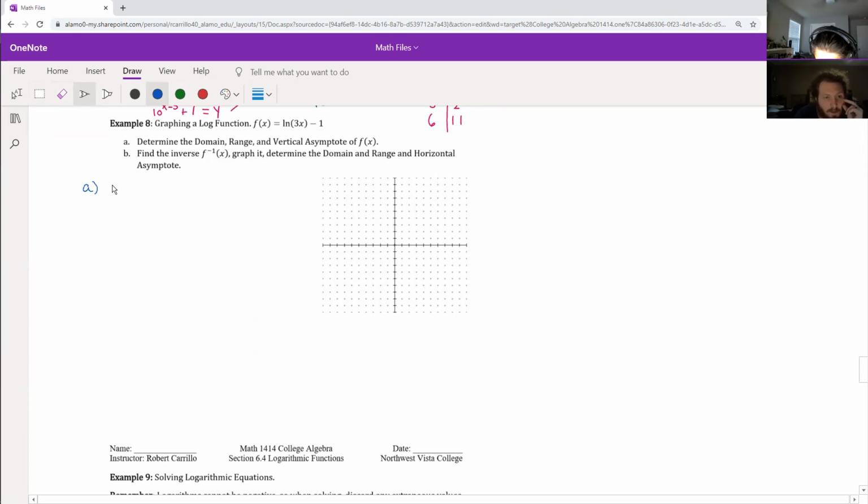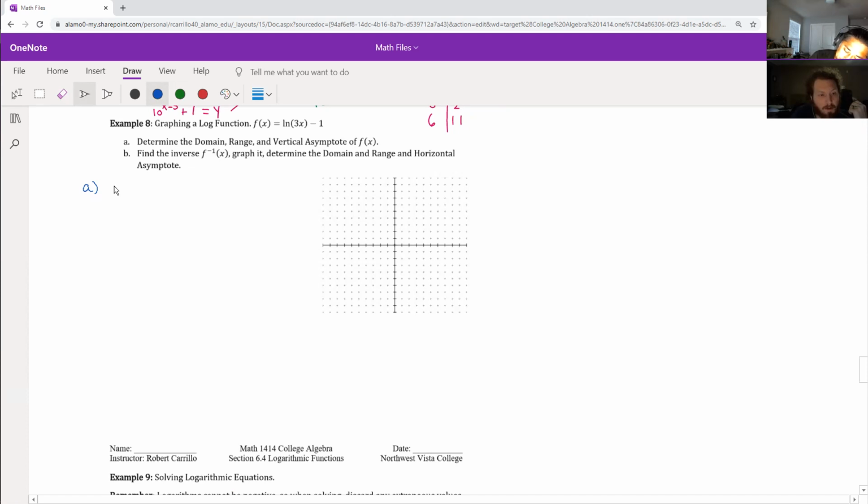Okay. So remember, this is an e to the x function, which looks like this, right? Or I should say it's the inverse of this. That's sort of what I think of when I try to think of the domain and range of logarithmic functions. I try to think, okay, what is the base of this logarithm? What does the graph of that base look like?